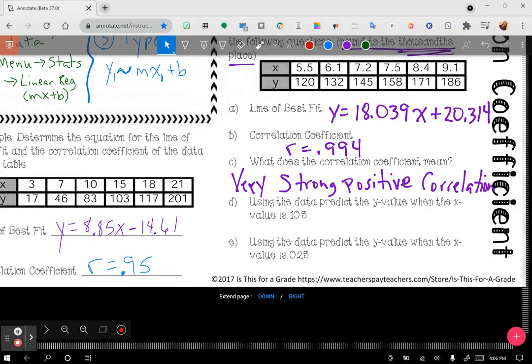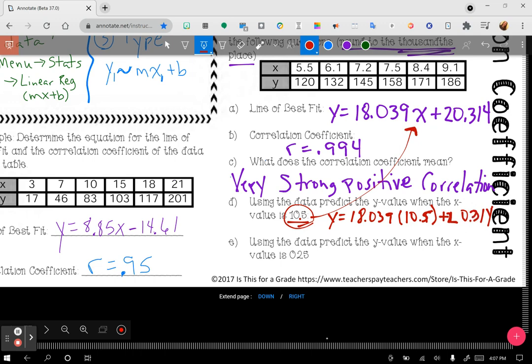Then question D here says, using the data, predict the y value when the x value is 10.5. So we're going to substitute 10.5 in for x in the formula that I came up with. So y equals 18.039 times 10.5 plus 20.314.